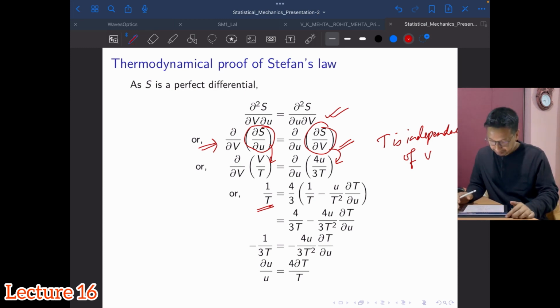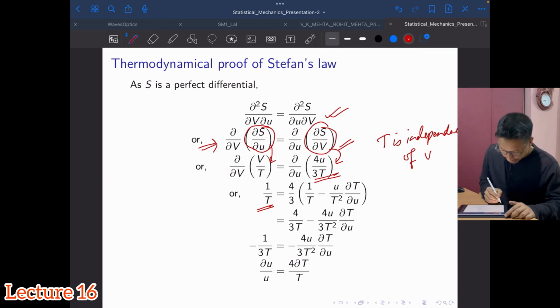So here we have to apply the chain rule again. 4 by 3 is a constant, which we take out, and then I have u by T, which I have to differentiate with respect to u.